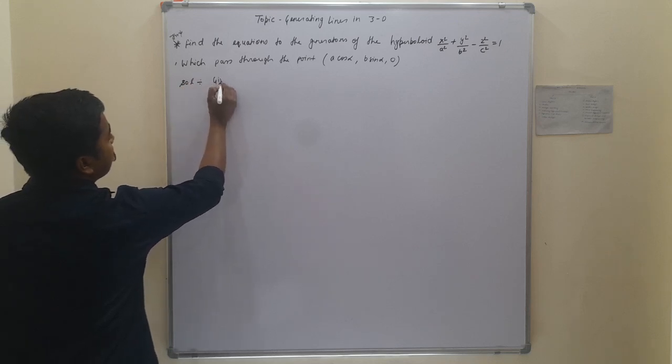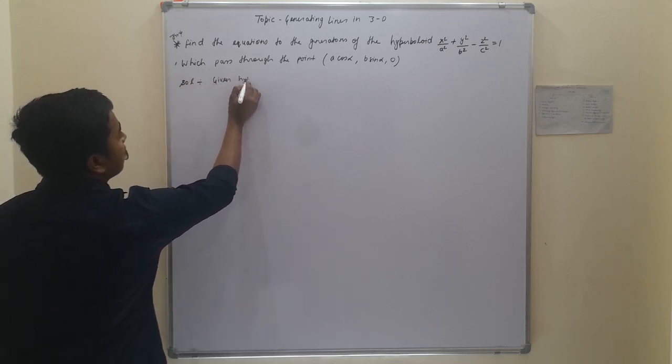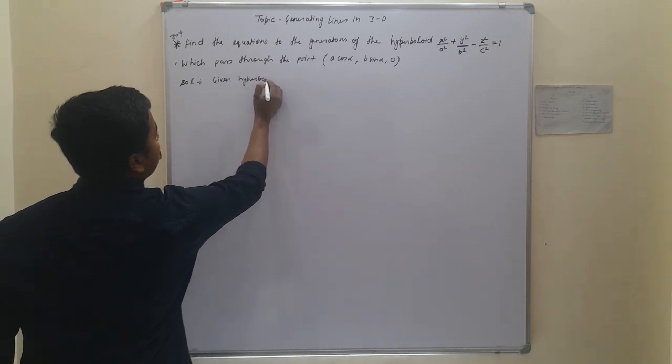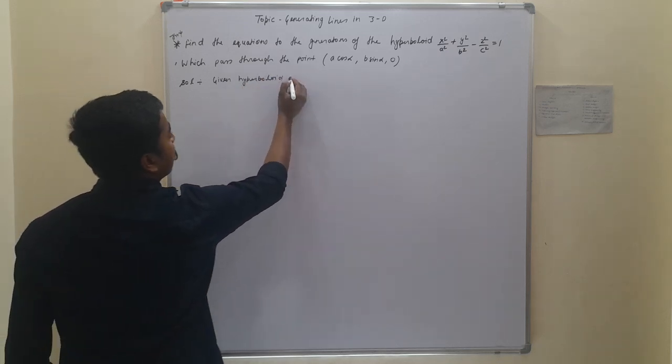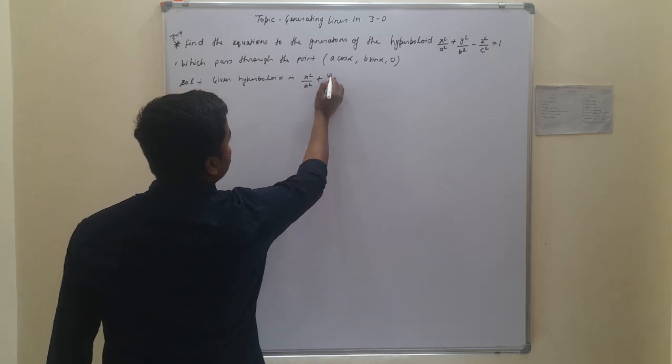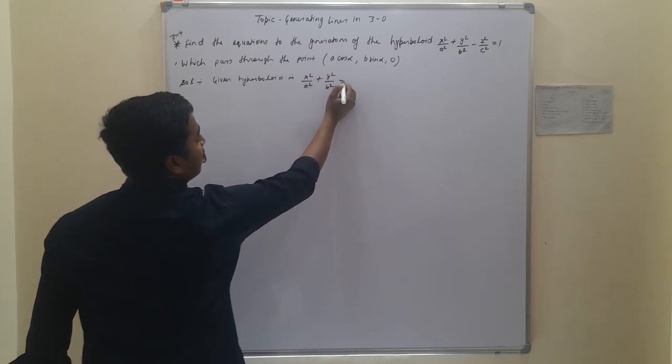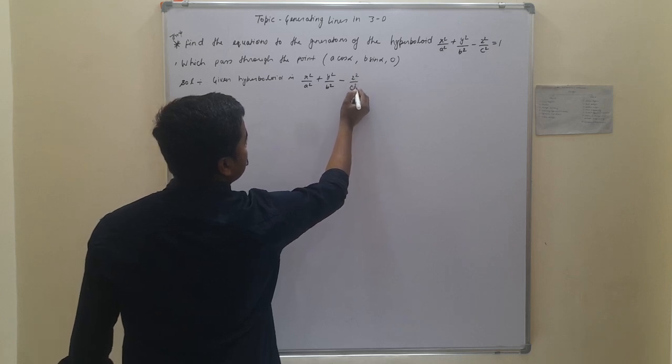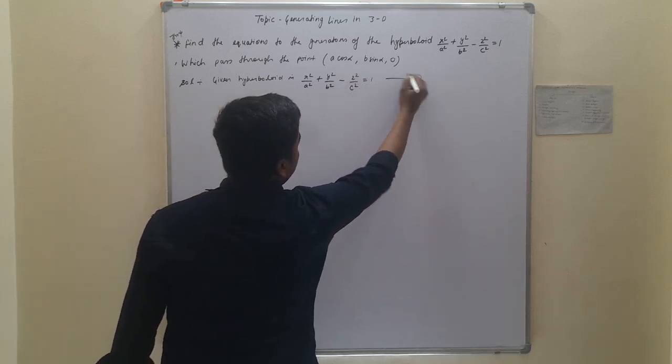The given hyperboloid is x square by a square plus y square upon b square minus z square upon c square equal to 1. Let this be equation 1.